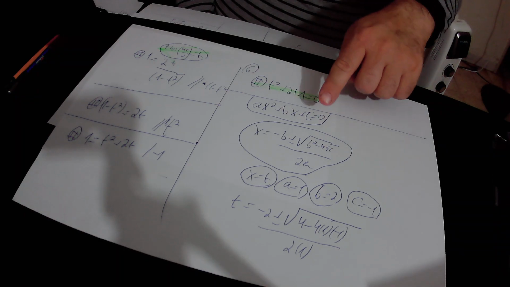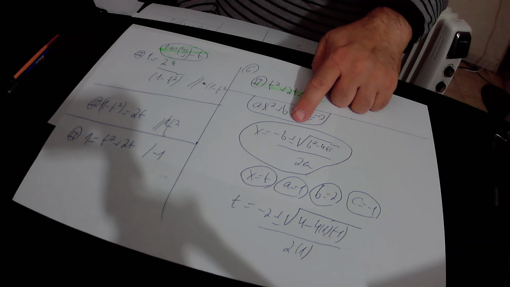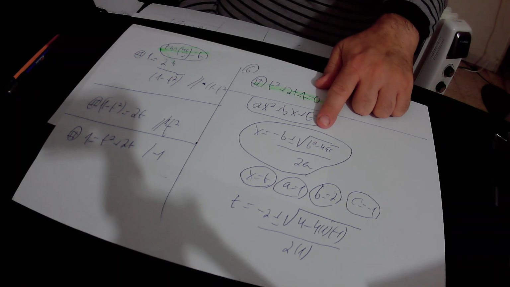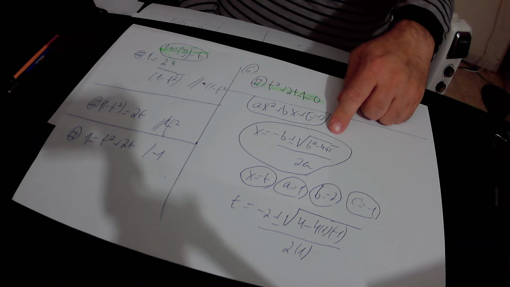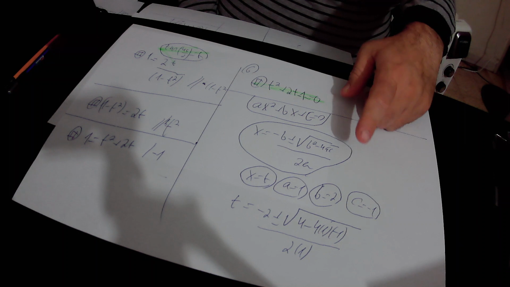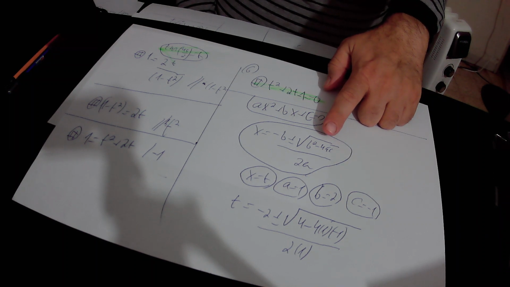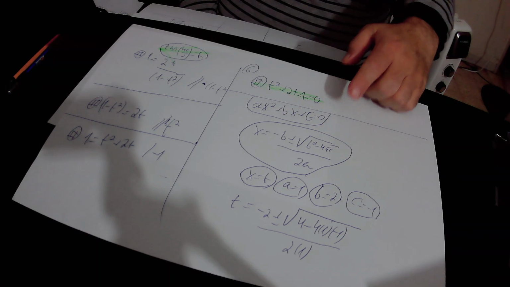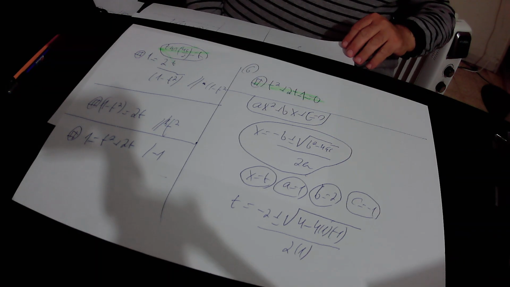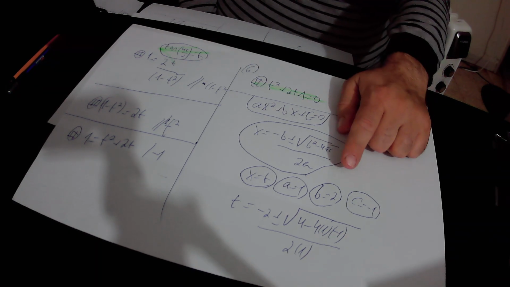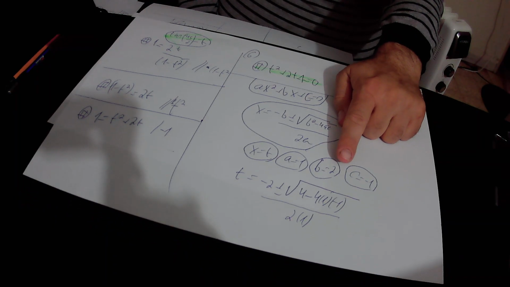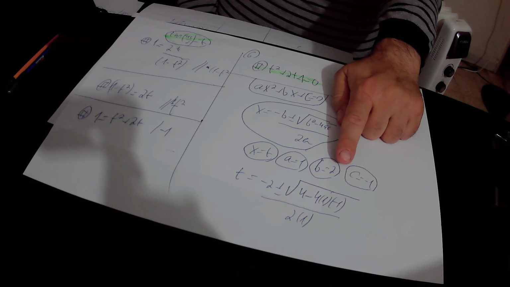So t equals minus b, b is 2, so minus 2, plus minus square root of b squared, b is 2, so b squared is 2 squared, that is 4, minus 4 times a, which is 1, times c, which is minus 1, over 2a. A is 1, so 2a is 2 times 1. So inside the root we have 4 minus 4 times minus 1, which is 4 plus 4, that is 8.